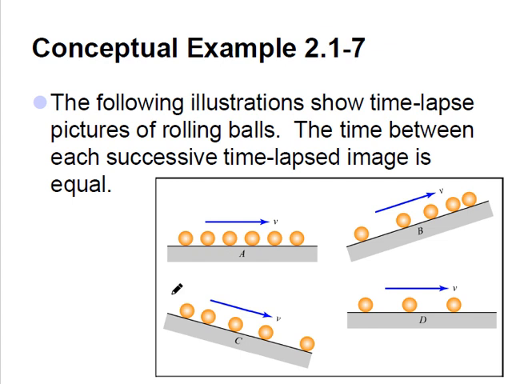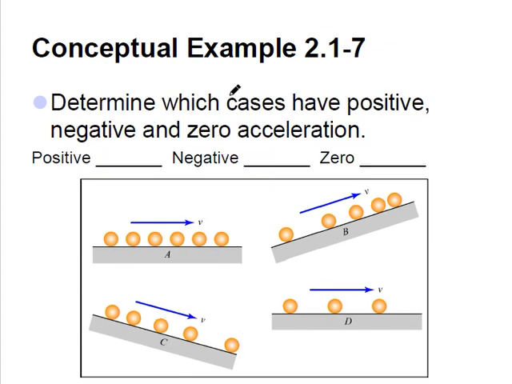Meaning from here to here, the time is equal, but of course your ball is going with a different velocity. So the first thing we have to do is find out which cases out of A, B, C, D have positive, negative, and 0 acceleration. I'm just going to go ahead and reveal and explain that to you.